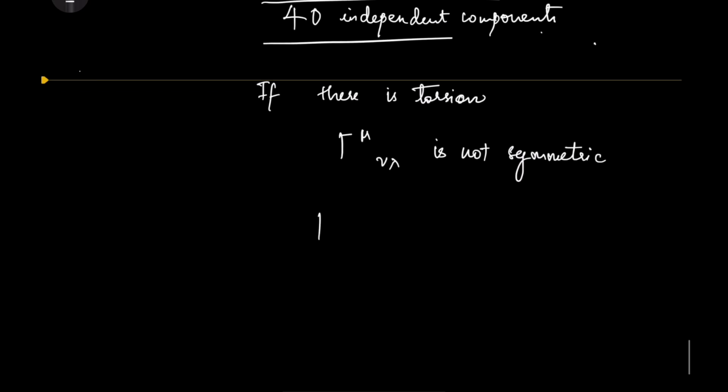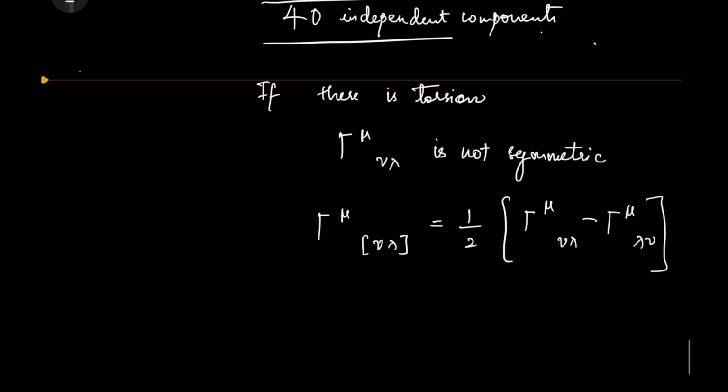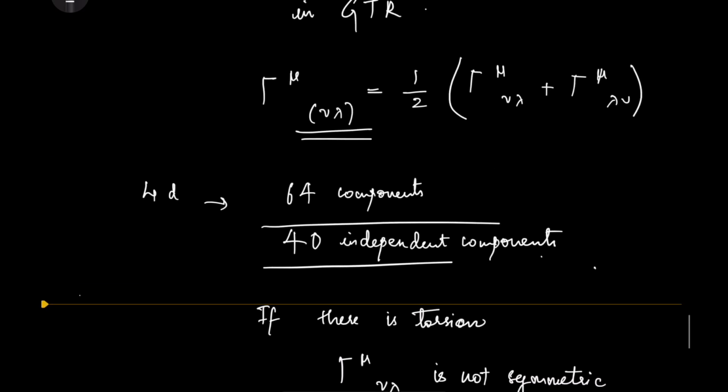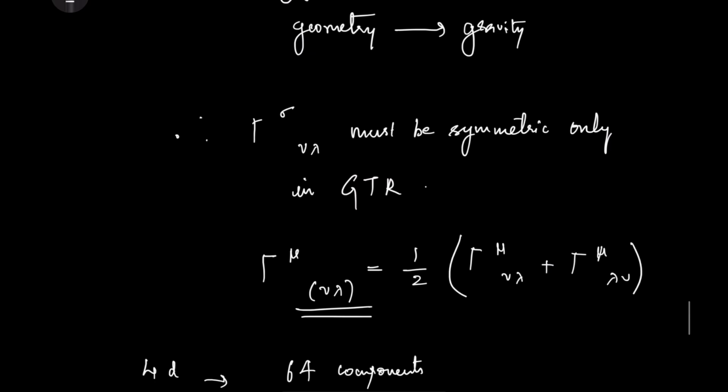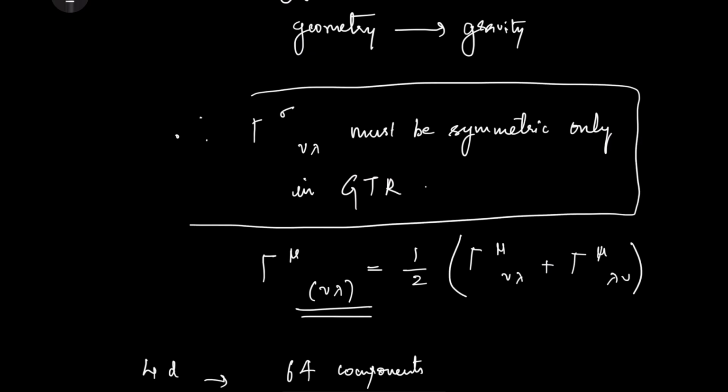In that case, it will be anti-symmetric. If it is anti-symmetric, then you can write Christoffel symbol mu nu lambda minus mu lambda nu. So in general theory of relativity, the Christoffel symbol must be symmetric and not otherwise. That is the important property of the Christoffel symbol.